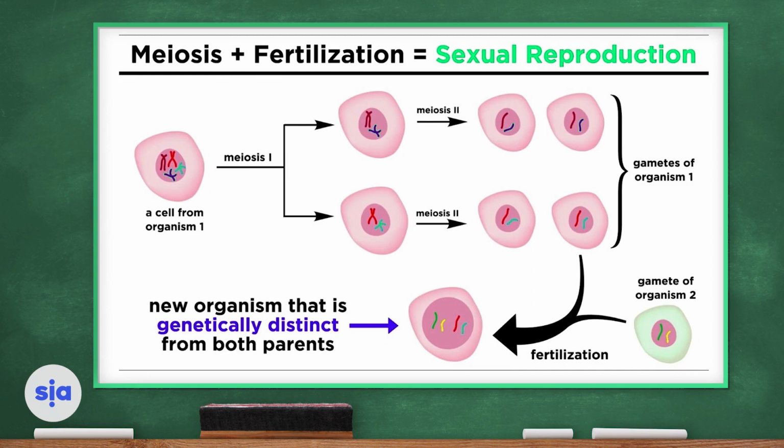In this picture, it's written that meiosis plus fertilization equals sexual reproduction.